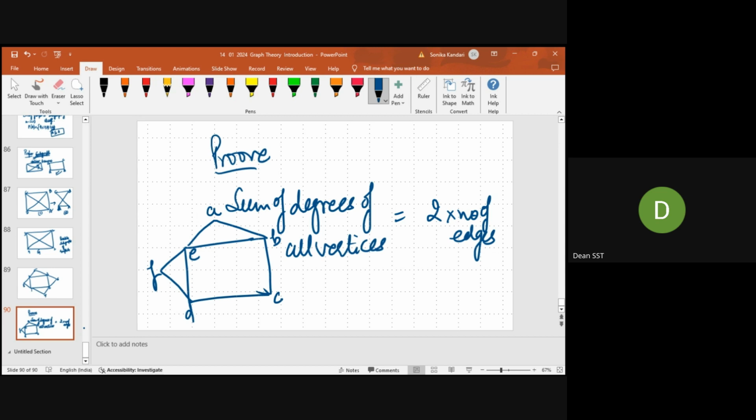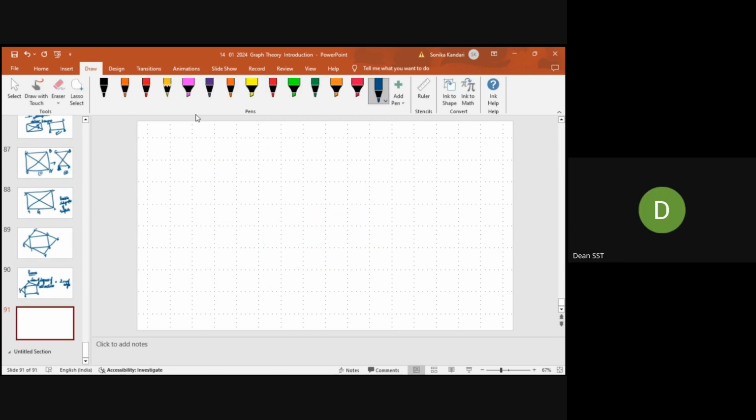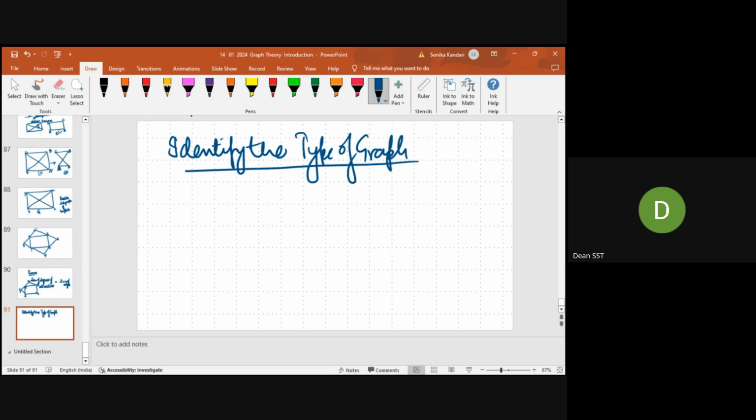Done? Fine. Next, you have to identify the type of graph. This is the last question. You have to write which type of graph it is. A, B, C, D. It is having multiple edges. This graph is having a loop, a self loop.